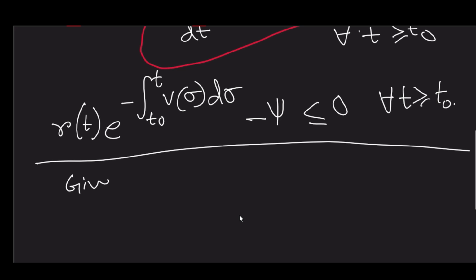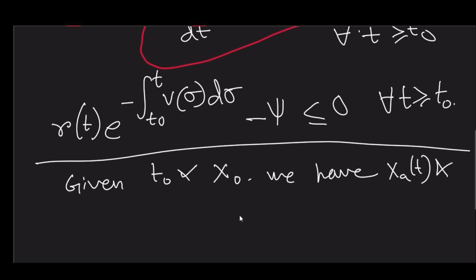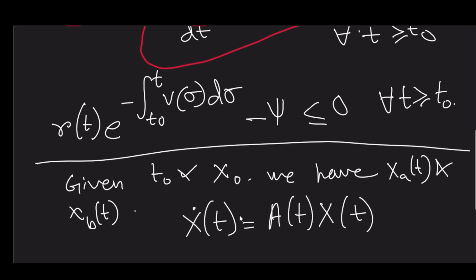Given t naught and x naught, XA and XB are both solutions, and both of them satisfy this equation.